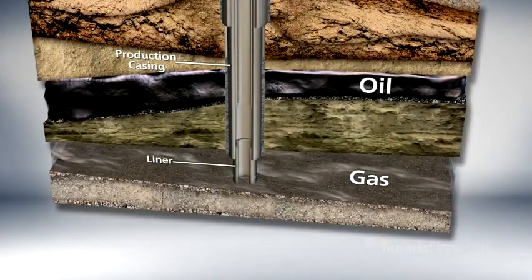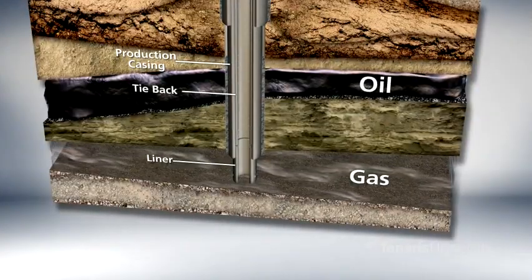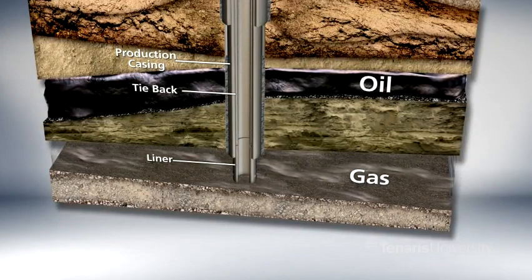And finally, we have the tieback. This is a string connected from the top of the liner up to the surface of the well. It can be run after a liner has been set in the well and a previous casing shows wear produced by drilling operations. In this way, this tieback will cover the damaged area of the previous casing.